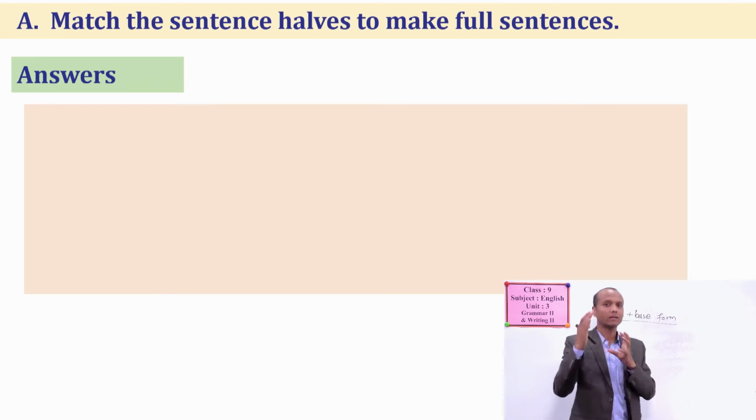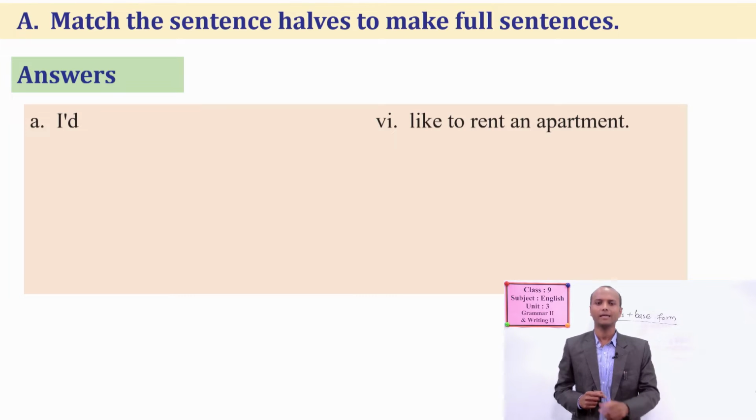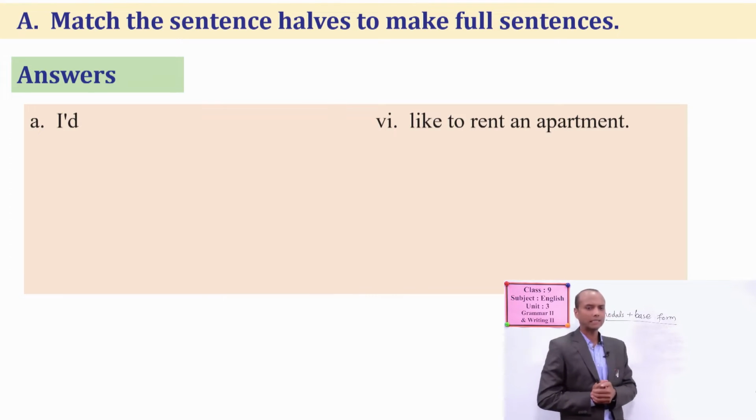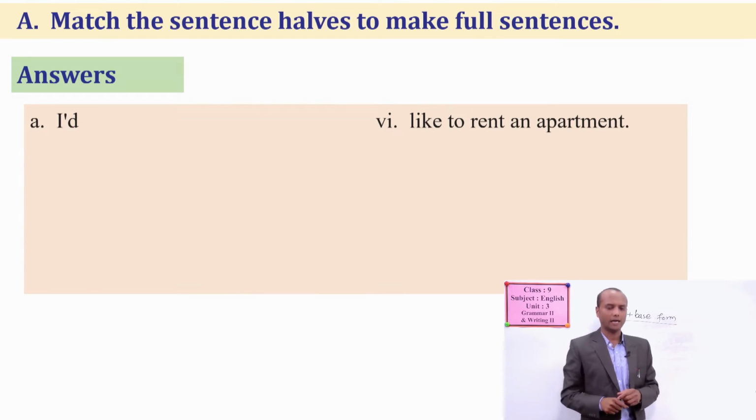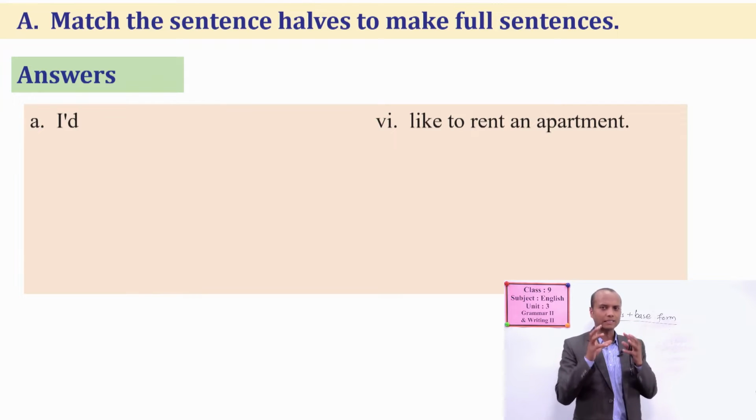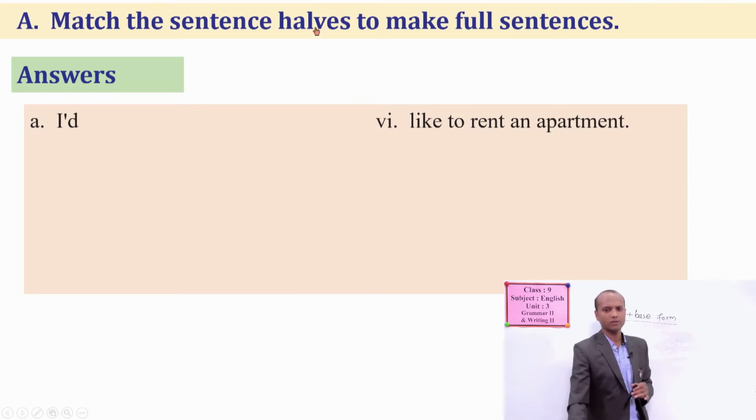What sentence have you made for the first one? So you made, I would like to rent an apartment. One more thing is that all the rest of the sentences except A are questions, because A starts with the pronoun I, so it is not a question, you can see.